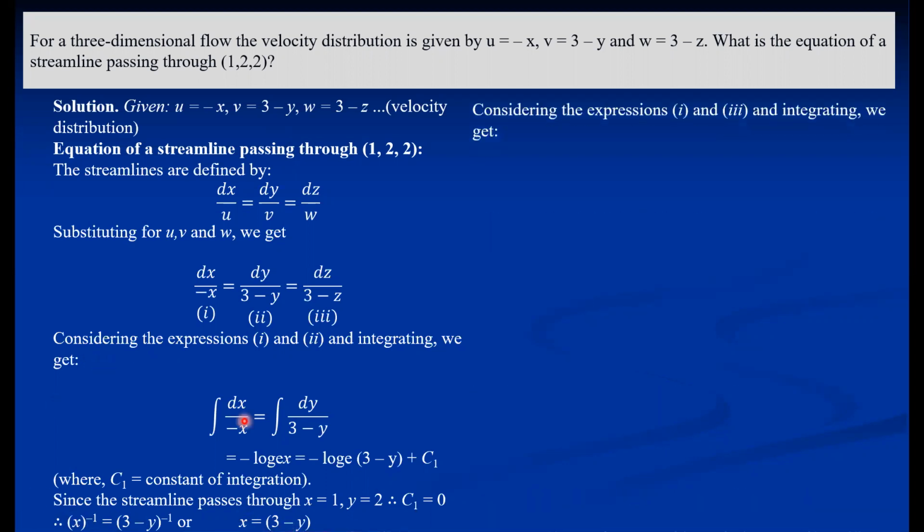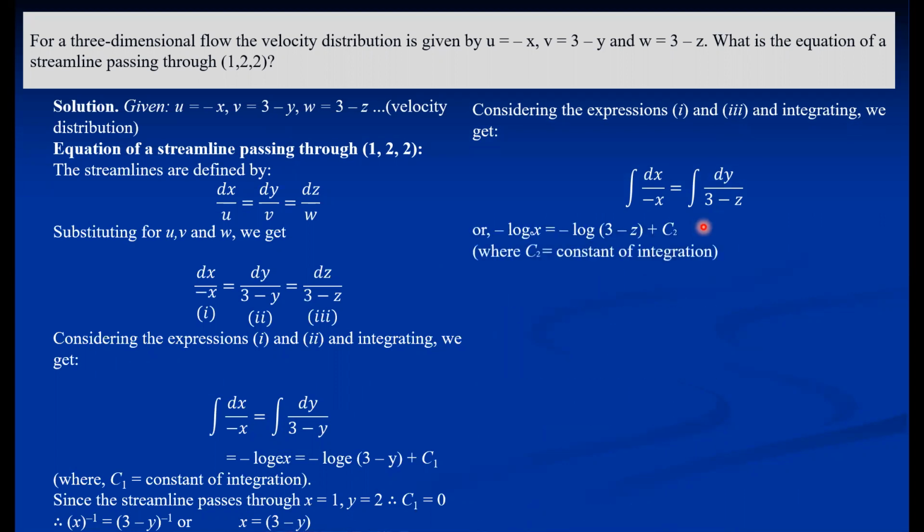Secondly, we equate the first and third expressions. The similar process applies, only y is replaced by z, and the other integration steps remain the same. So c2 is again 0 because z is also 2. The equation becomes x is equal to 3 minus z.